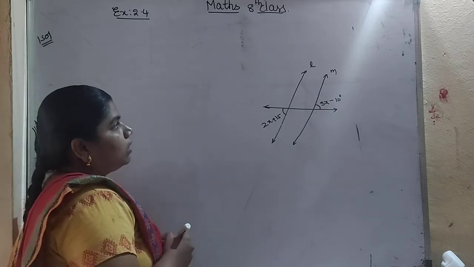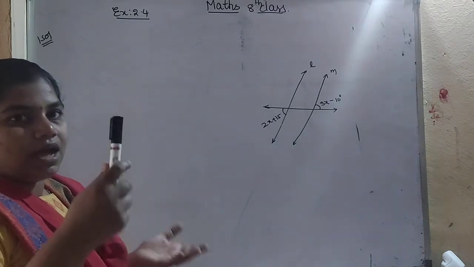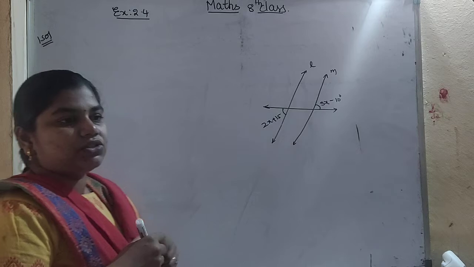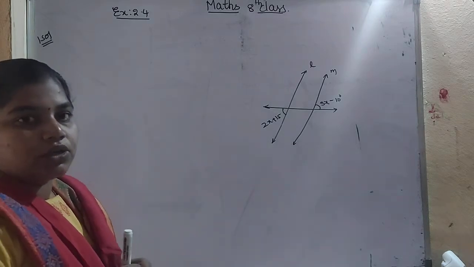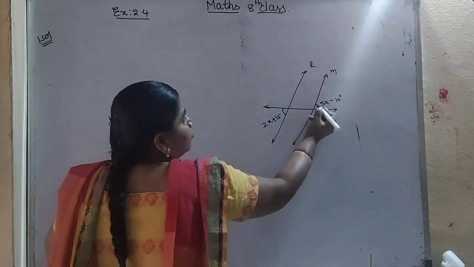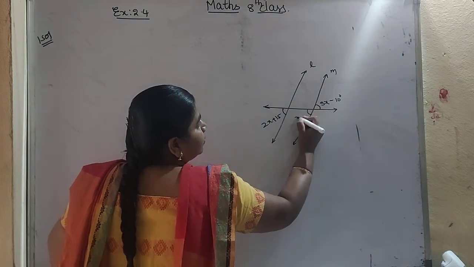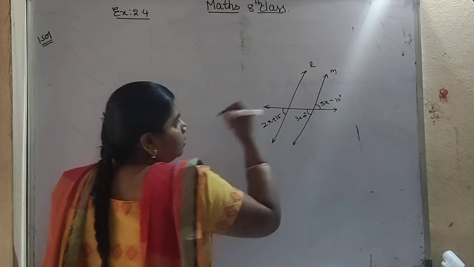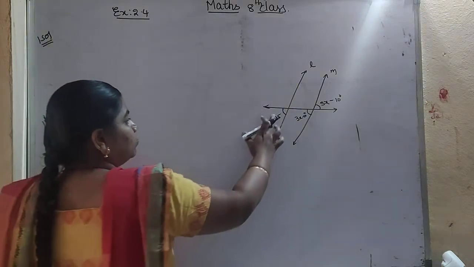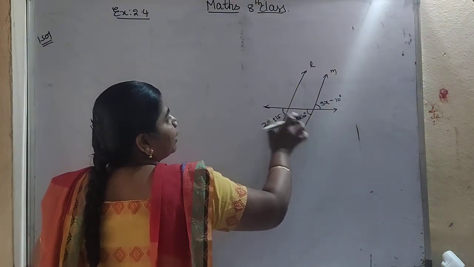Okay, so if you think about that lesson, that is lines and angles, we know that the opposite angles will be equal. So if it is 3x minus 10, here also it will be 3x minus 10. So these two are corresponding angles.